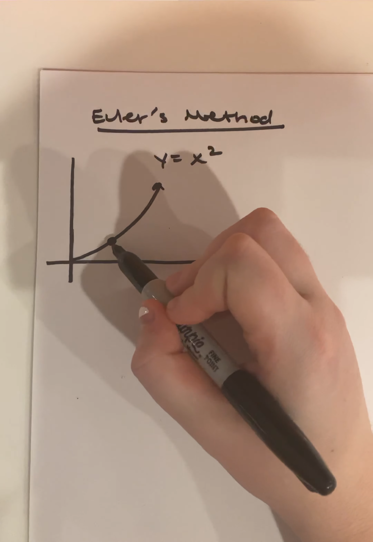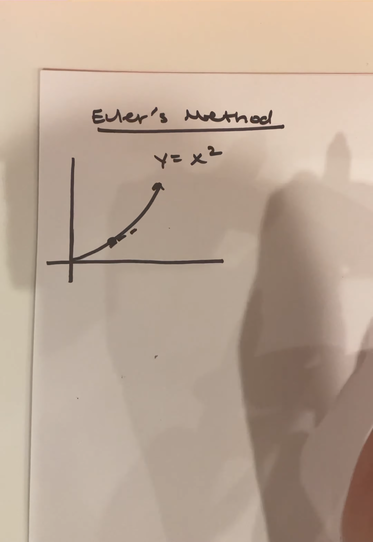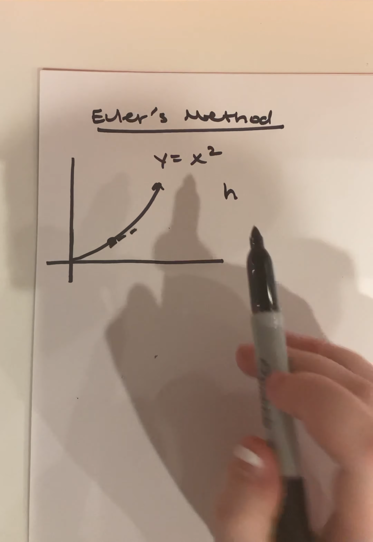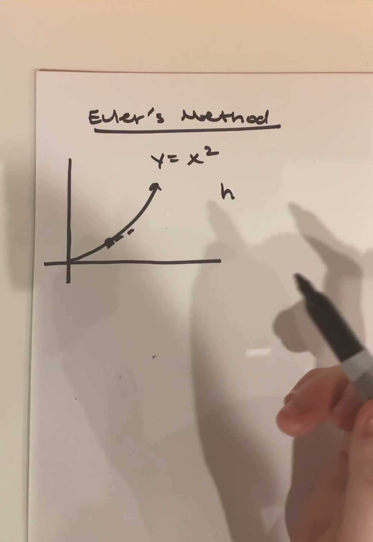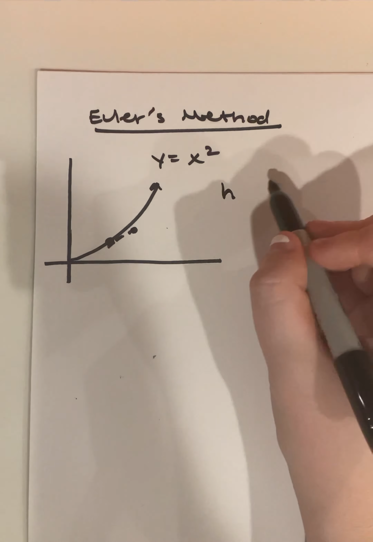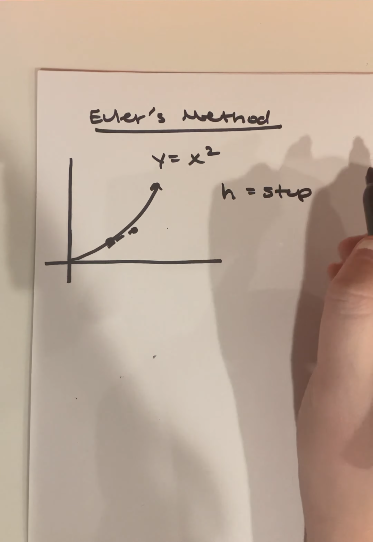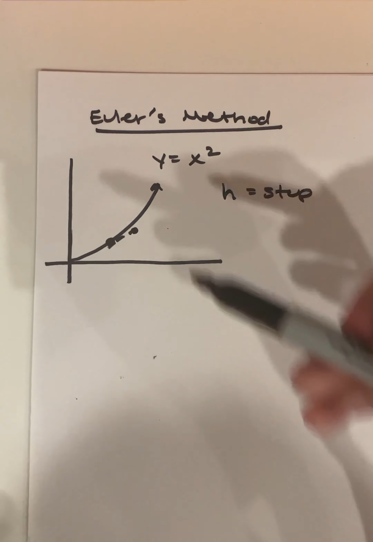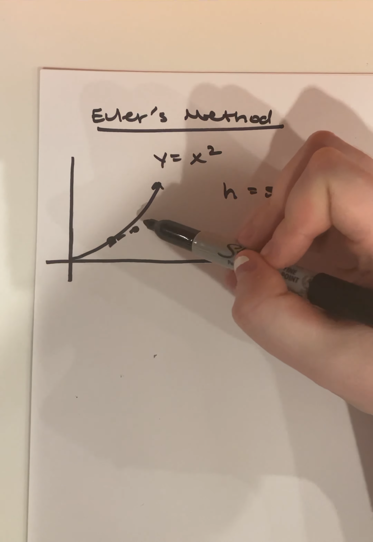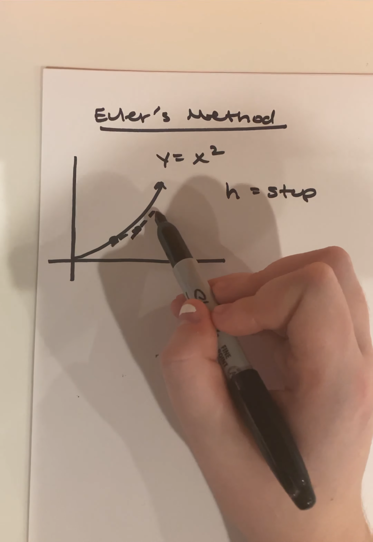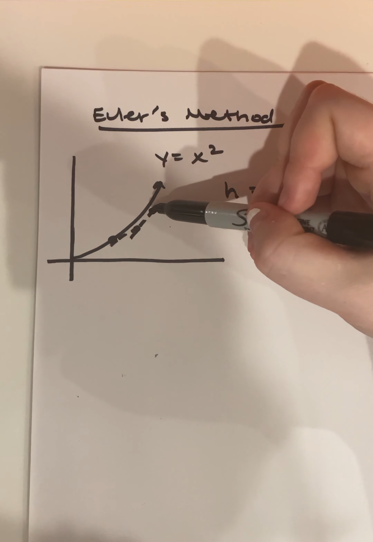We're going to take the tangent line of this, and then as soon as we move over the step amount that we want to move, we make that point at that step. Then we change our tangent line to go with that point, and once we reach the next step, we go again.